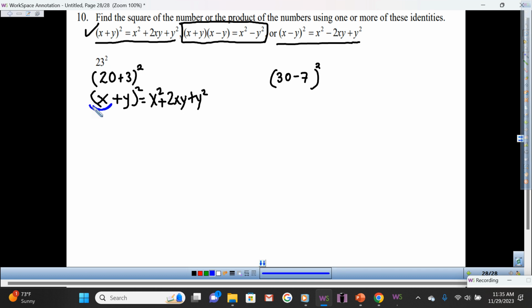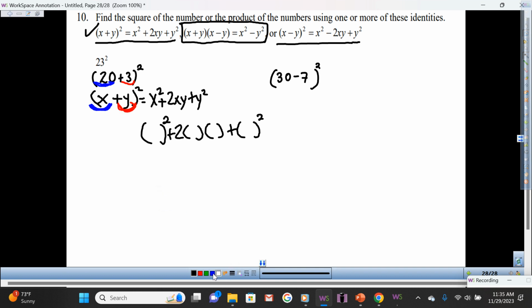Instead of x, what am I going to use, Brandon Darty? 20, yes. And instead of y, what am I going to use, everyone? 3. That is correct. So that means for this, I open parentheses for all the variables, and then just substitute values according to that.